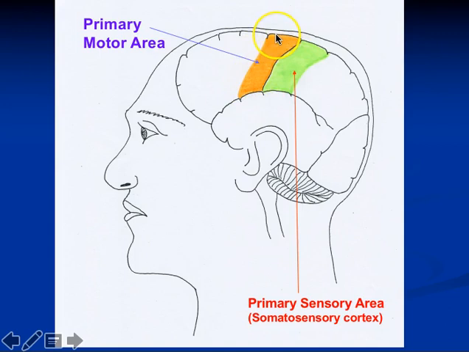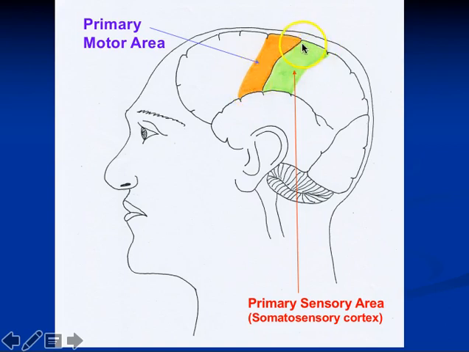Now, motor means having to do with movement, and the primary motor area is set up for the body in terms of how we move, like our hand, our foot, our arm, everything. And our movement is dictated by this kind of strip of tissue right in this primary motor area. I'll show you a little more about how that is organized in just a minute on the next slide.